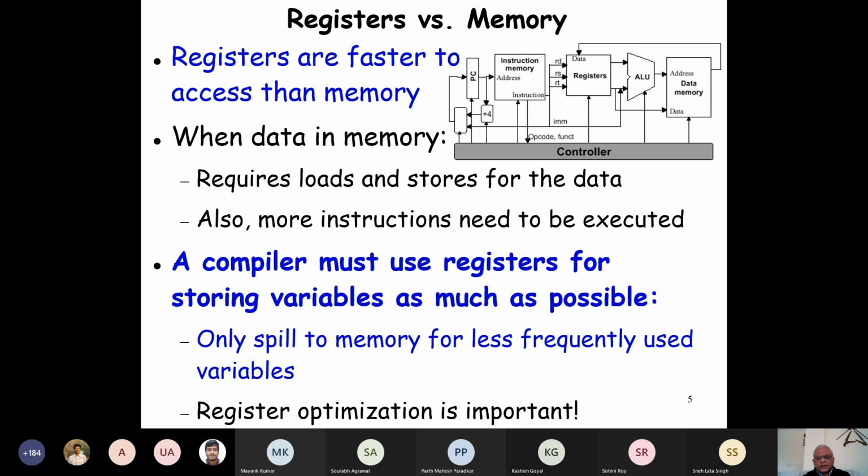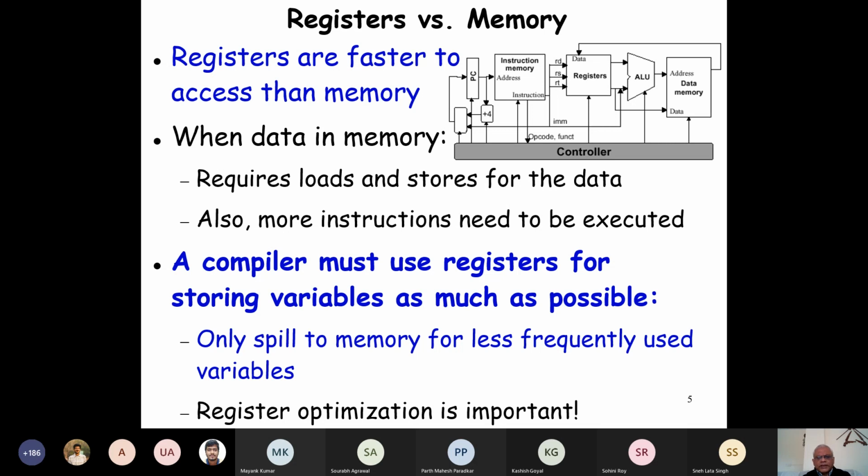For the register, we just index into the register number. There may be 32 of them. We just index and then we get the content. It is faster for that reason. We'll see more details as we discuss the memory portion a little later.